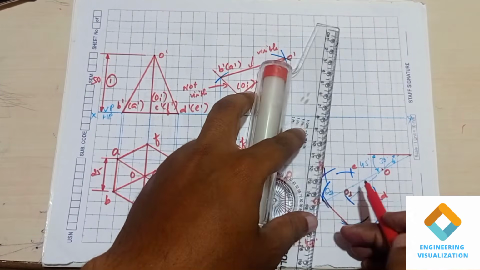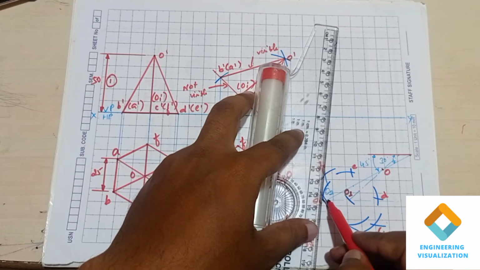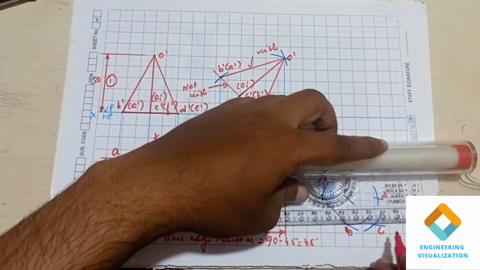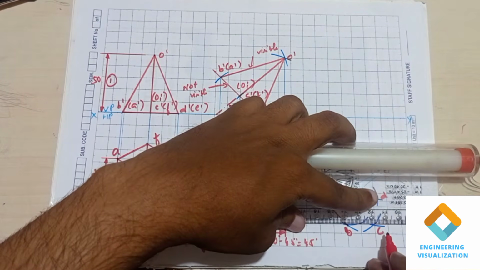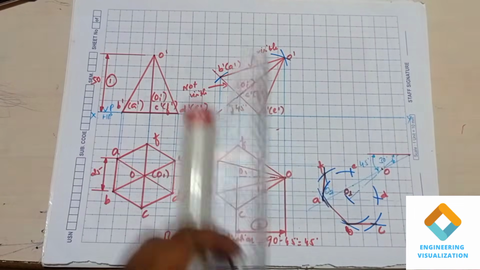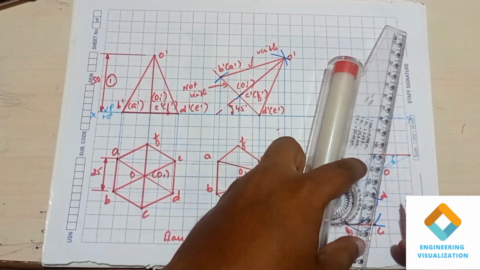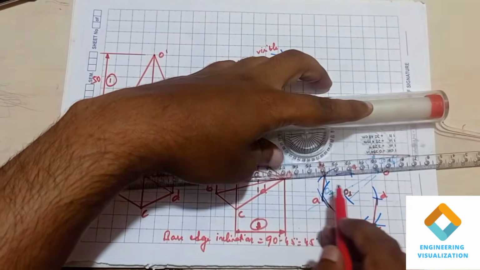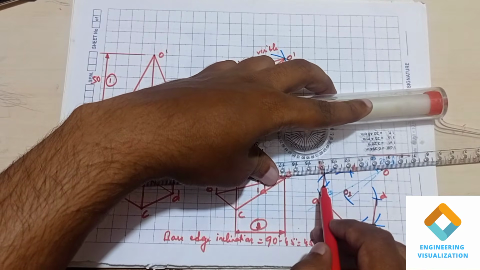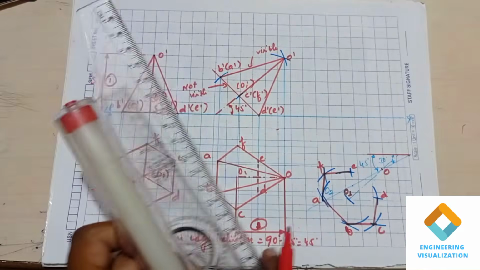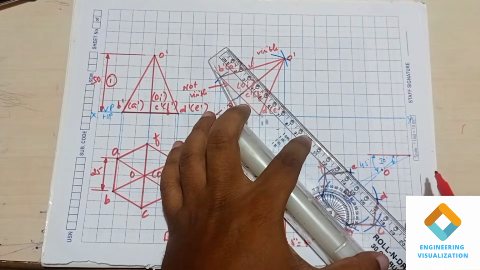Join AB, then A to F, then F to C, then the dashed line. Since it is continuous here also, the dashed line from E to D.